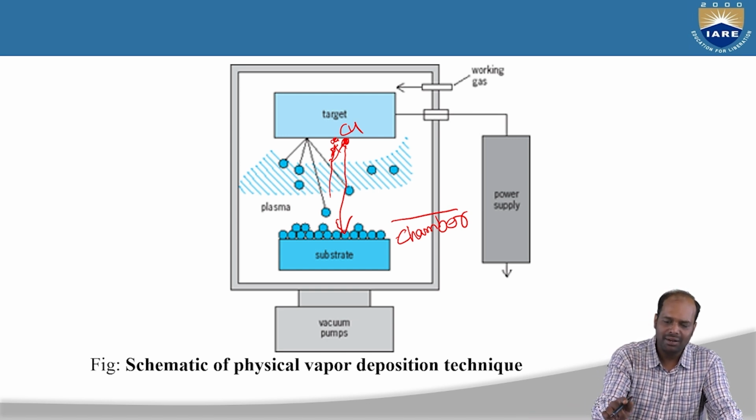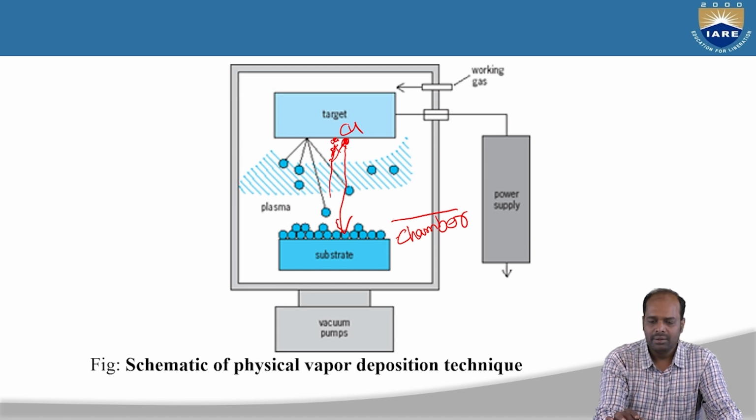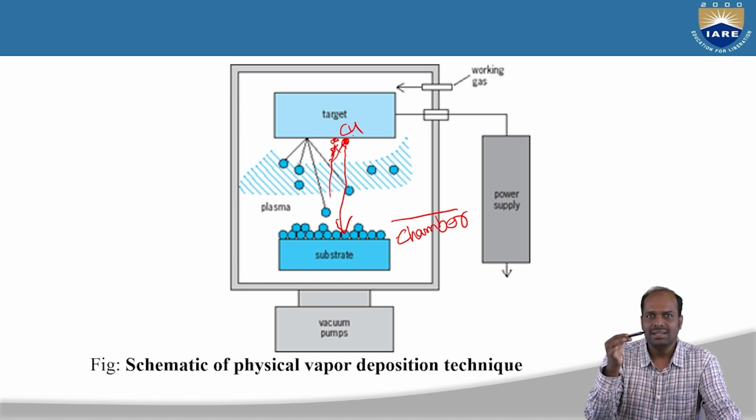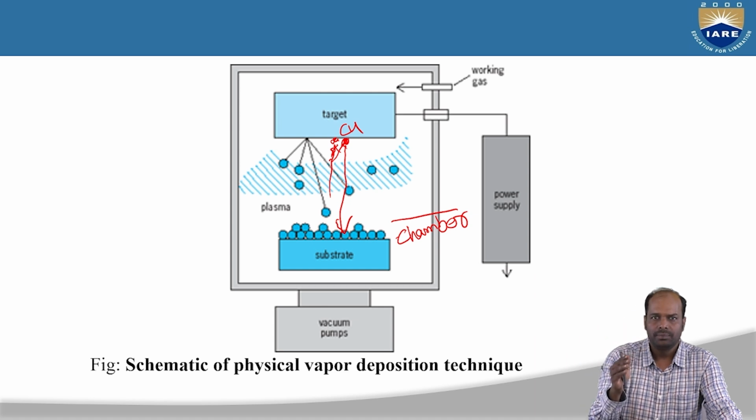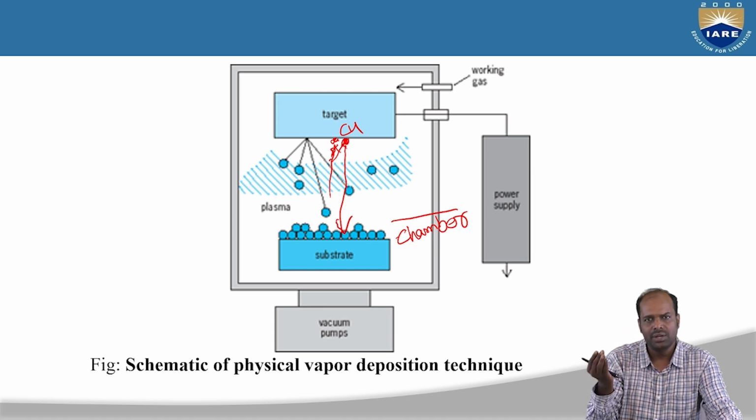From the target material's point of view, we supply sufficient voltage. Either in the pulsed laser deposition technique or in the sputtering technique, we use some particular voltage, that is, voltage and current.